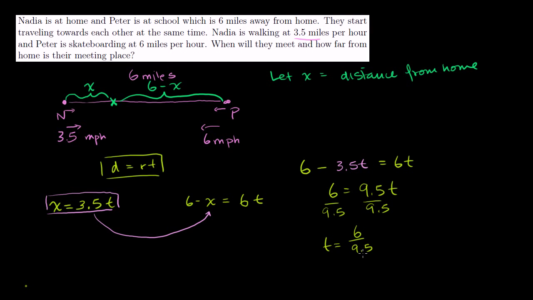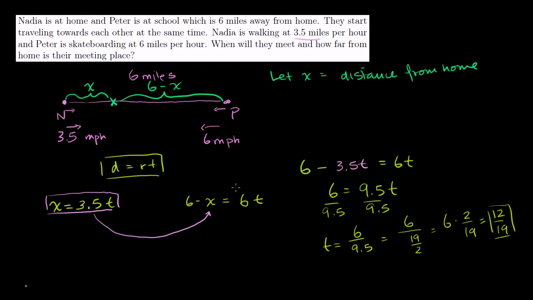But we can rewrite 9.5 as 19 over 2. If you divide that, you would get 9.5. And so this is equal to 6 times 2 over 19, which is 12/19 of an hour. That's how long it'll take them to meet.